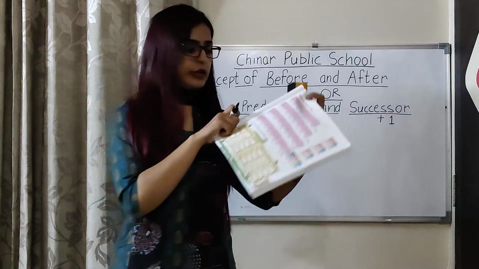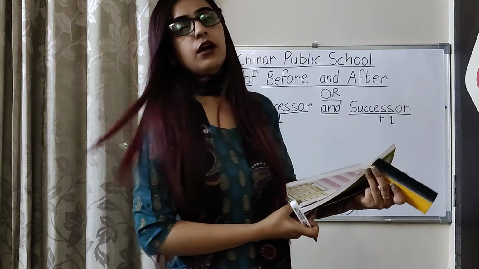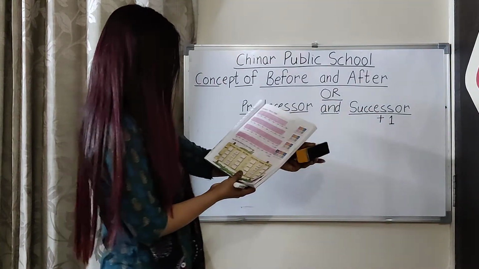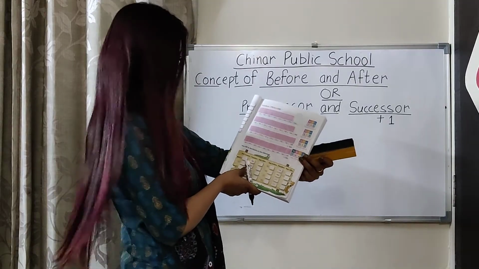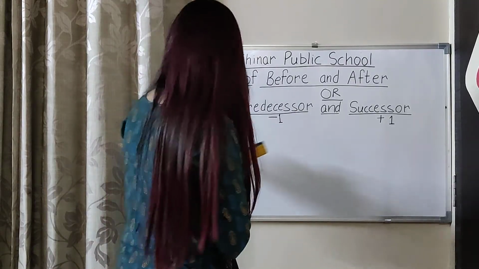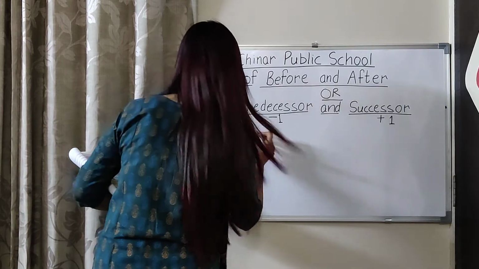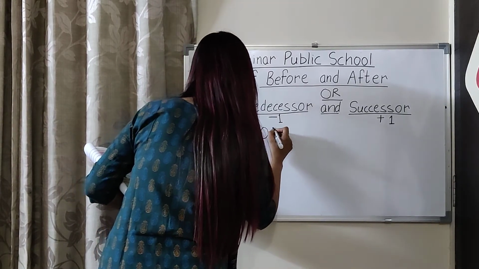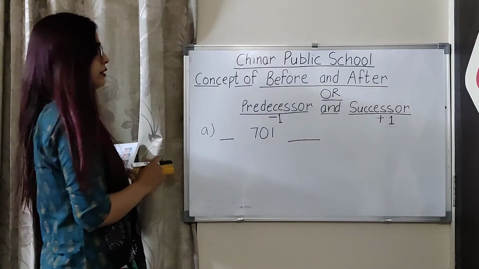Now let us try to solve some of your book exercise. It is there on page number 23 of your math book. On the bottom of your sheet you have to write down the number just before and just after. In the A part you have to write down the number that comes before and after 701.